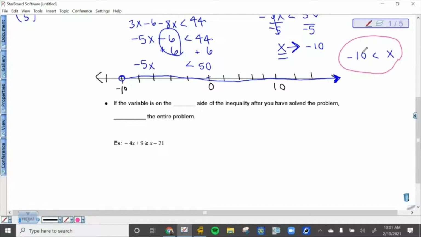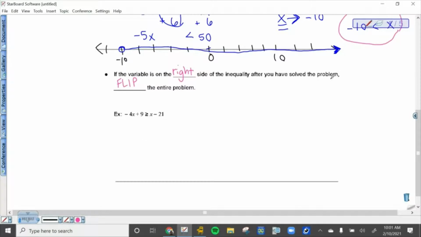So I think it's going to be easier if we say, if the variable is on the right side of the inequality, after you've solved the problem, flip the entire problem around. So we'll just write it backwards. But when you write it backwards, make sure to write the inequality backwards too. Yeah? Let's do an example.